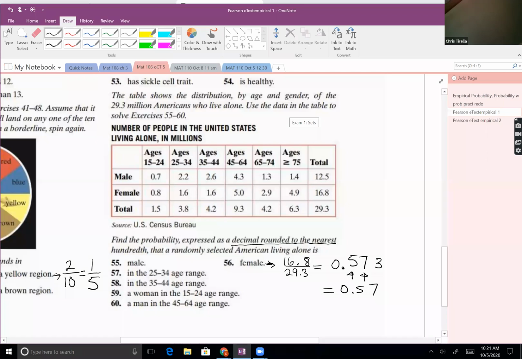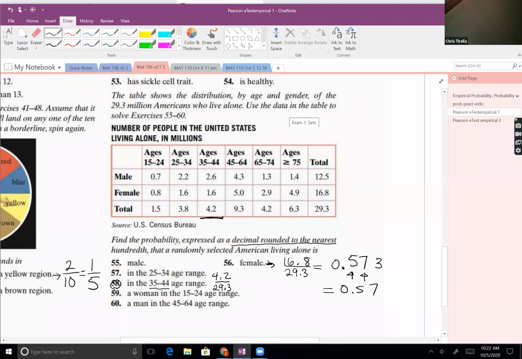Let's look at 58. What's the probability that we have a person in the 35 to 44 range? Again, my total is 29.3. Of the 29.3 million, how many people are in the 35 to 44 range? That would be 4.2 million.